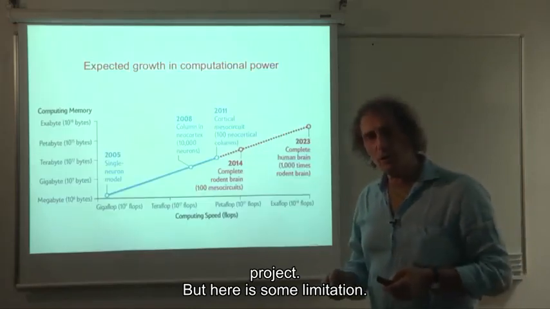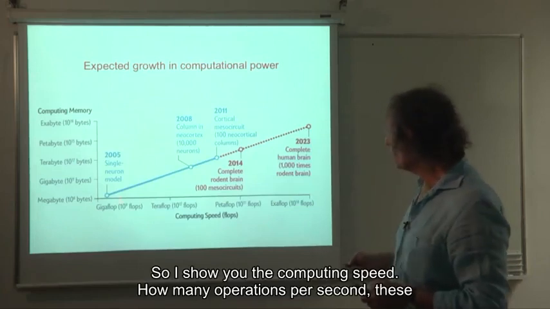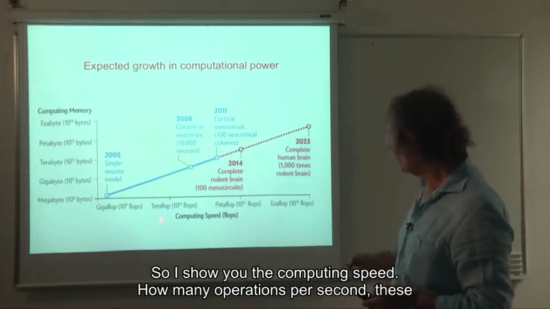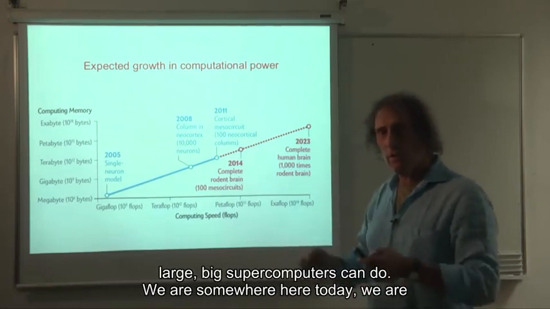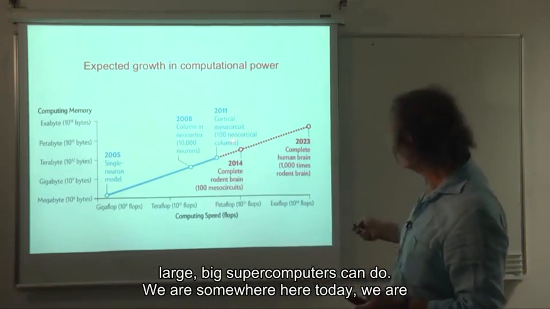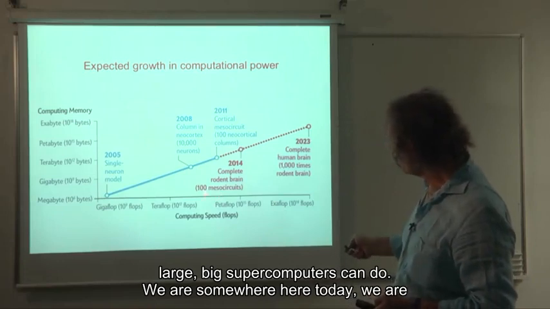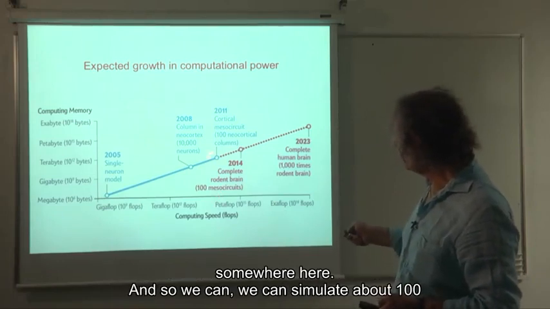But here is some limitation. So I'm showing you the computing speed, how many operations per second these large, big supercomputers can do. We are somewhere here today. We are somewhere here.